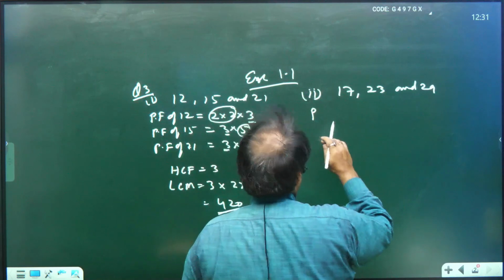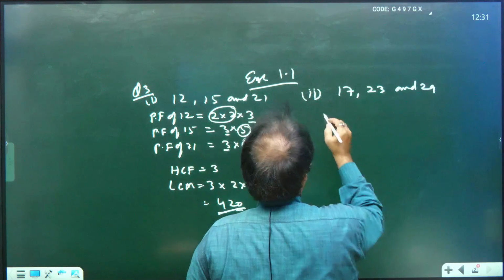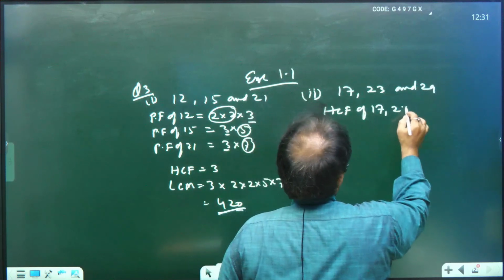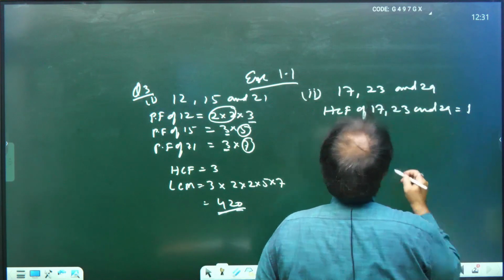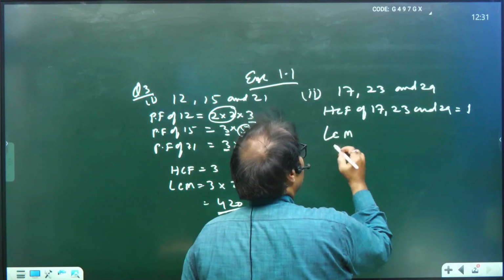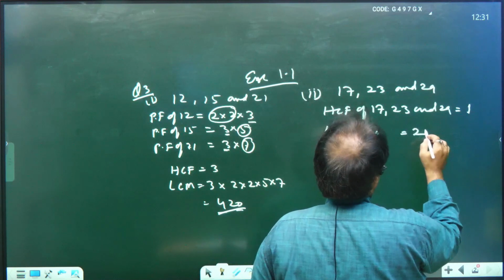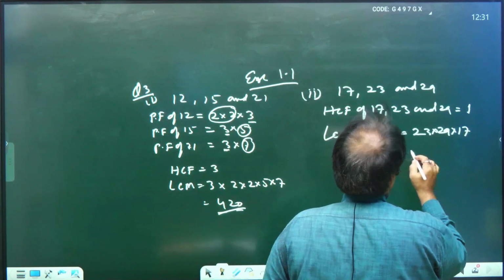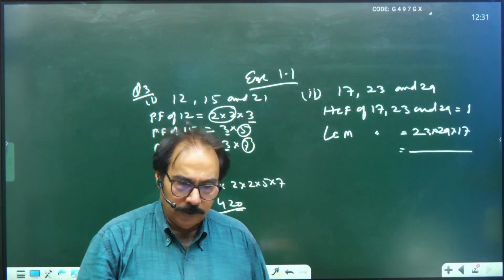So directly we can write the HCF of 17, 23 and 29 is equal to 1. And what about the LCM? The LCM of these numbers is equal to the product of these numbers, 23 into 29 into 17, and whatever the product comes, that will be the answer.